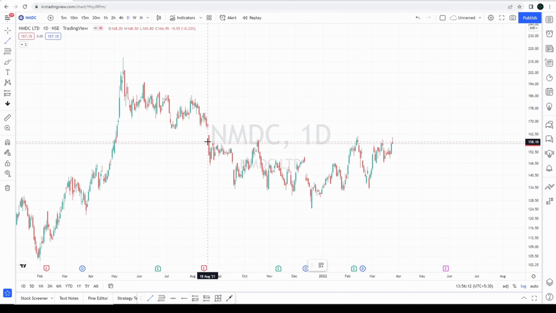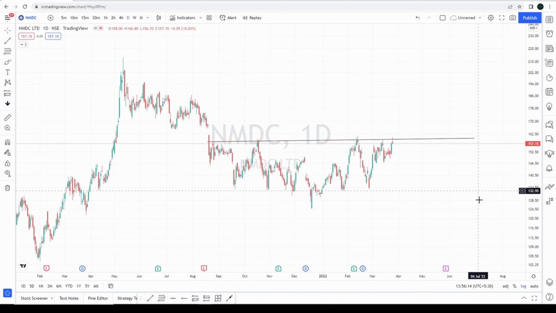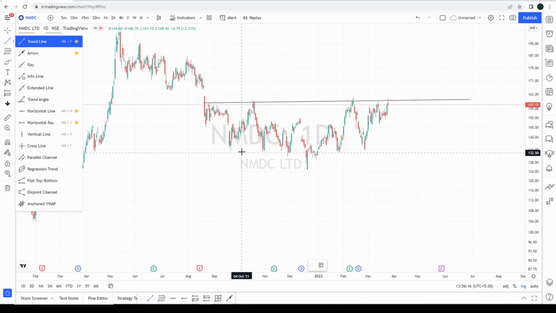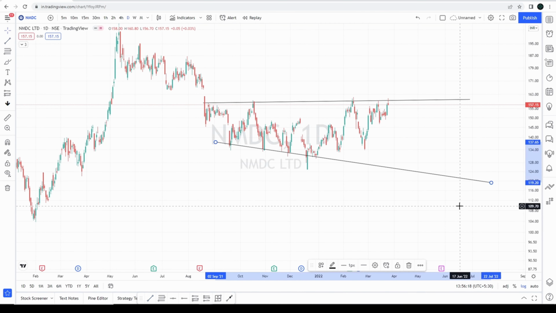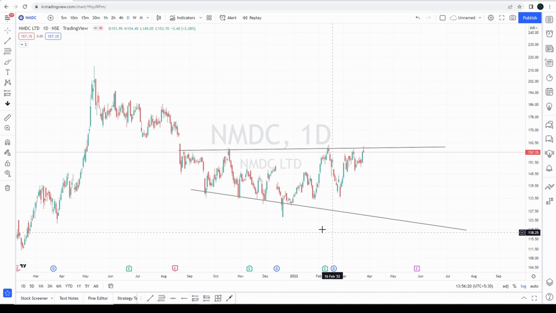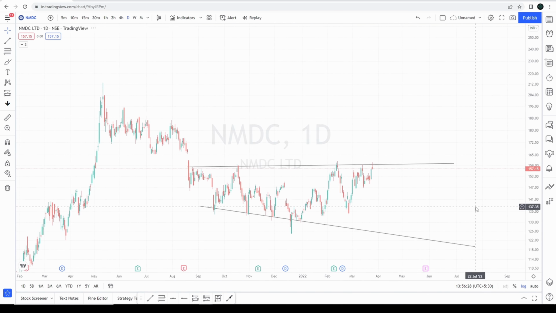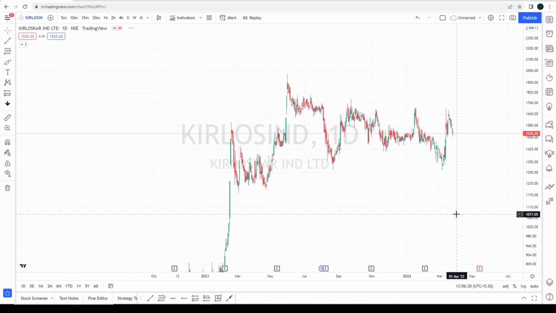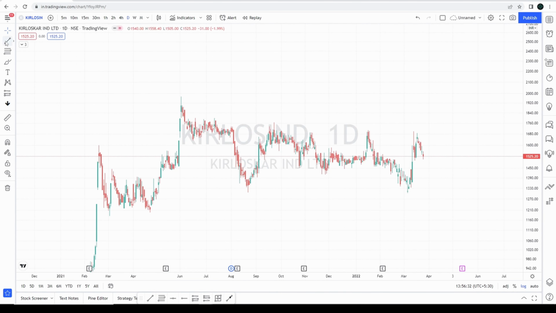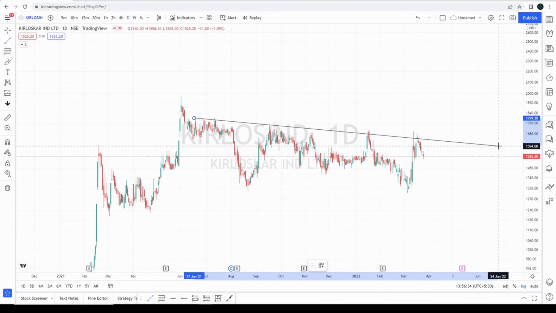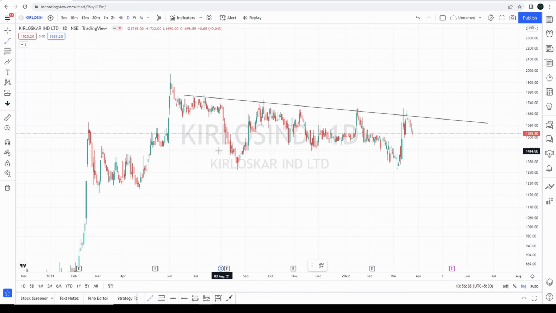Yeah, NMDC, I can see this level, and again at the bottom I can see this support. So you just keep this stock NMDC. If you see any buying momentum, you can buy it. And again, here right now we don't have any buying opportunity actually.